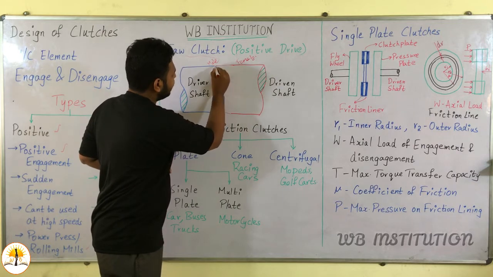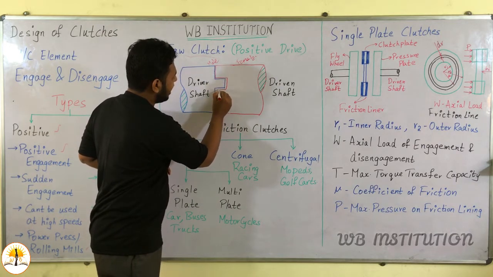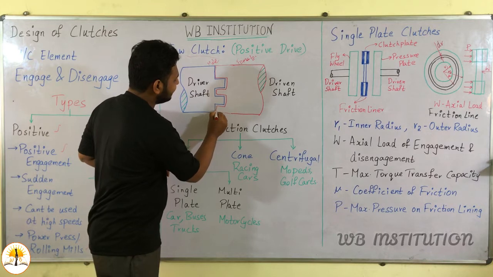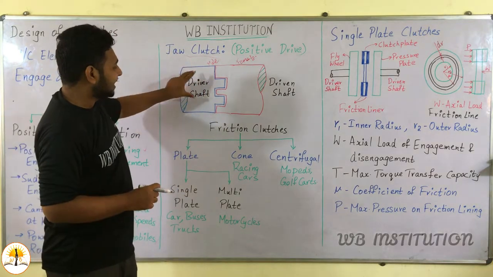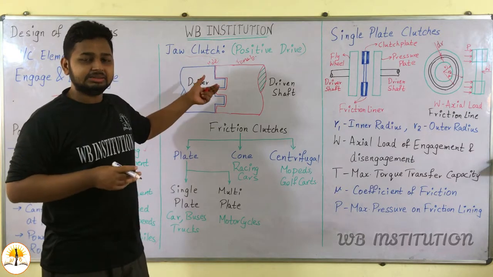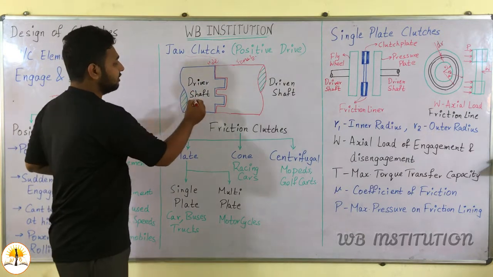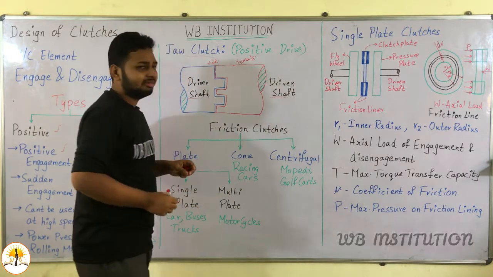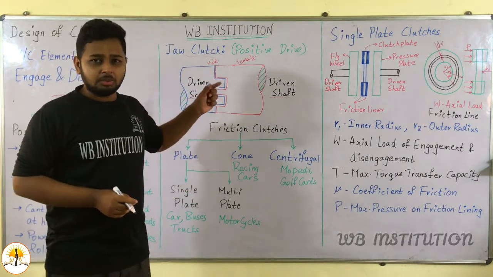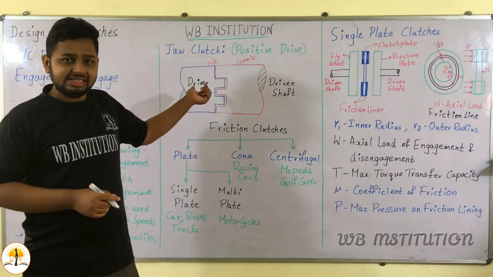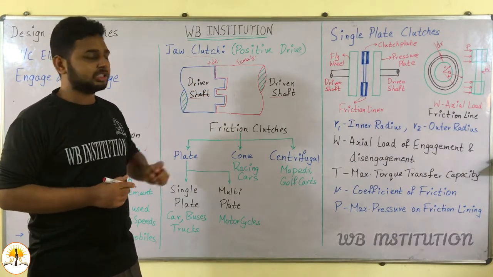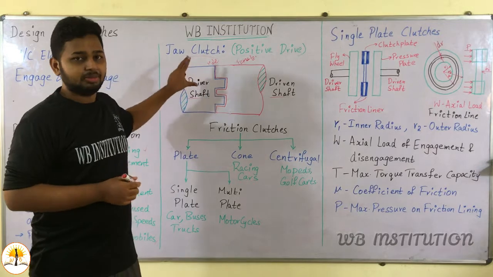Here we can see the way the engagement takes place in the case of jaw clutches. The maximum amount of power transmission is achieved between the driver shaft and driven shaft, and there will be a minimum amount of energy loss. There is no friction generated between the two shafts in this type of clutch.